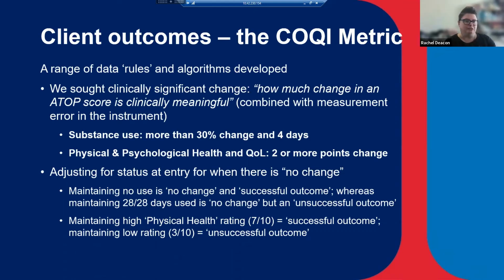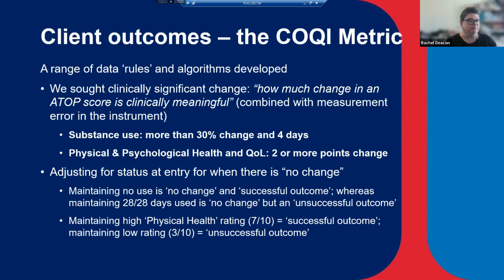It's also important to have a look at where clients start from. If a client comes in not using the primary substance of concern at all, and they maintain no use, that doesn't rank as a clinically meaningful change because there is no change, yet 0 use is a good outcome.